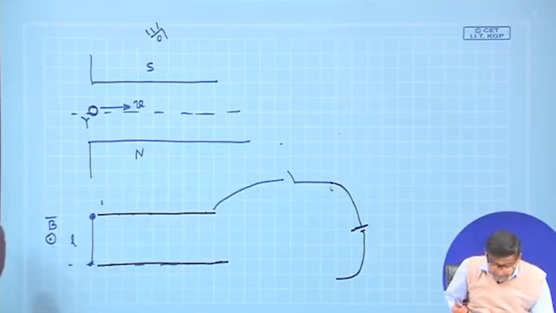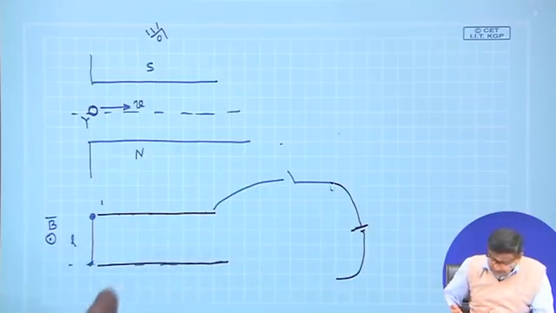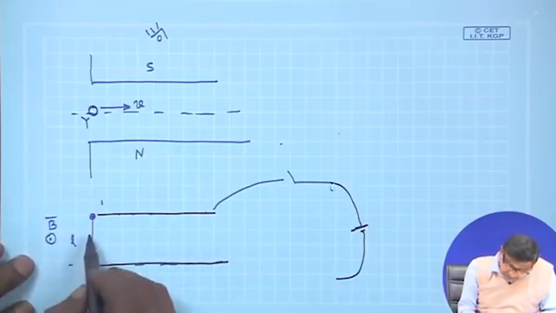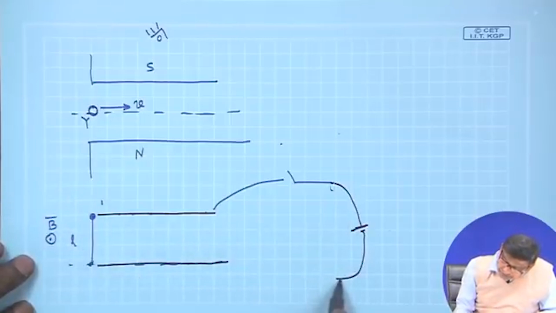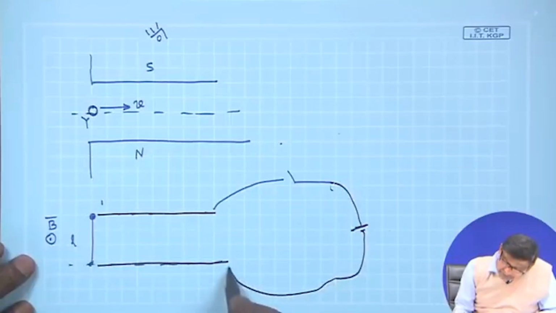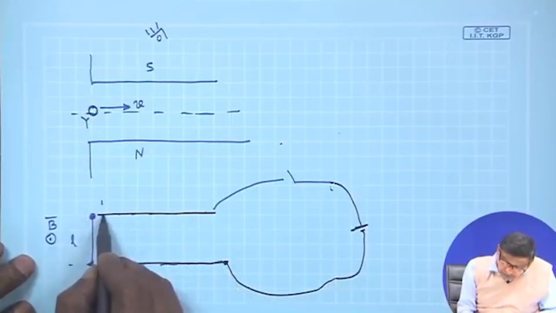This is B, and I want to pass current so that movement will be this way. So, let us see what happens. If you connect a battery to these rails, wheels always contact with the rails. So, circuit will be completed.